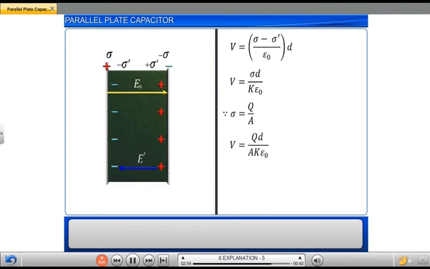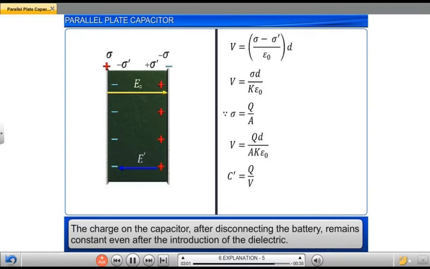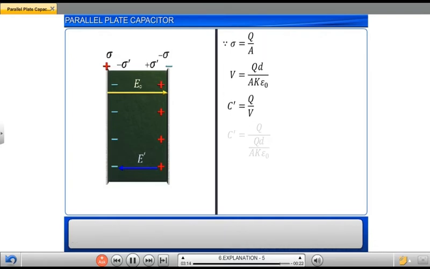Therefore, the capacitance with a dielectric medium is C dash equal to Q by V. Here, it is of importance to note that since the charging battery is disconnected, the charge on the capacitor remains constant even after the introduction of the dielectric. Now substituting the value of V in the expression for C dash and simplifying, we get C dash is equal to K epsilon naught A by D.